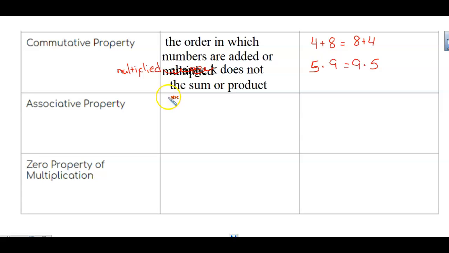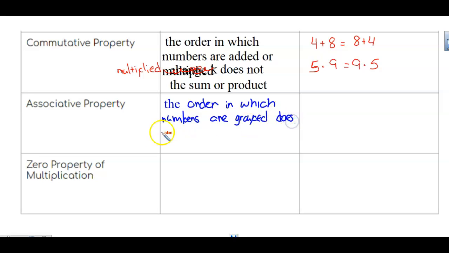All right, associative property. The order in which numbers are grouped does not change the sum or the product.